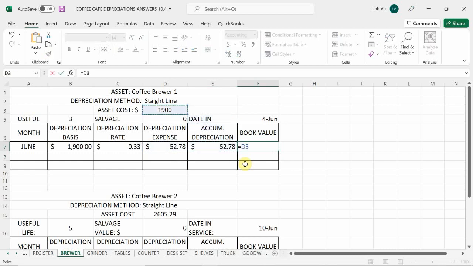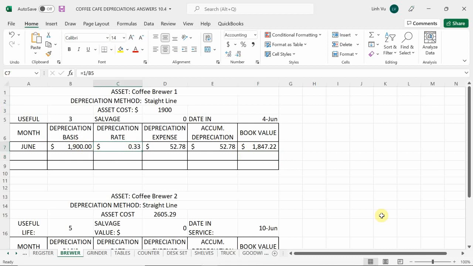Which will bring your asset to a book value of $1,847.22. Let me double check this. So in this case, it is 1 divided by the estimated useful life of 3, so this is going to be the 1,900 times the .33 divided by 12 to make it 52.78.